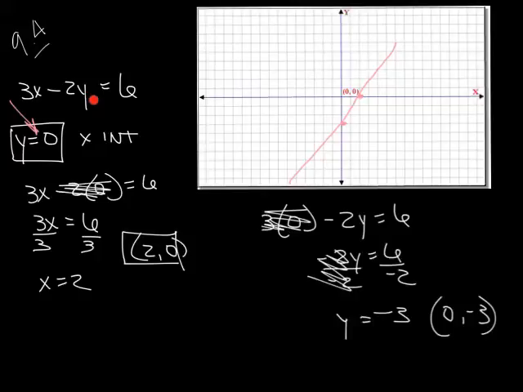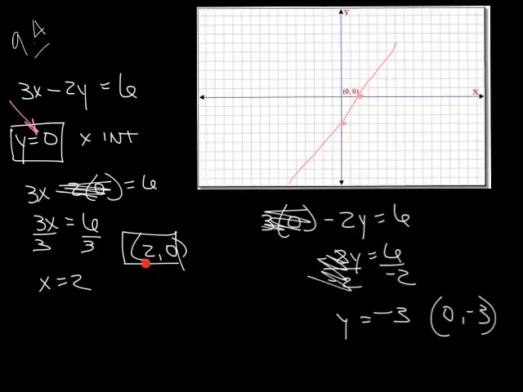So vocabulary-wise, the x-intercept is going to be x equals 2. Okay, so 2 is the x-intercept. It's not 2, 0. The x-intercept is 2. The y-intercept is negative 3.